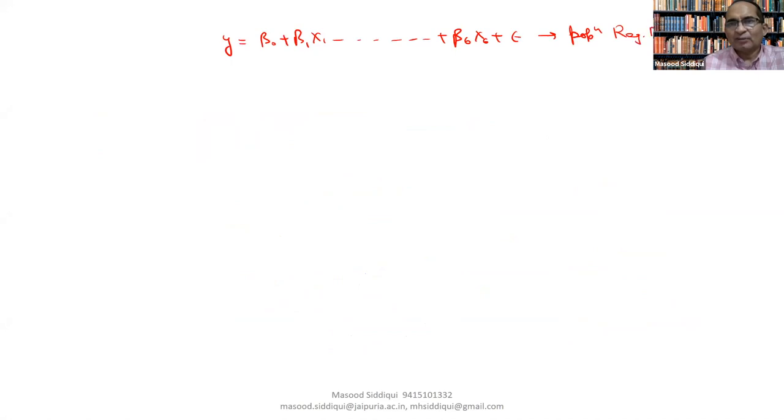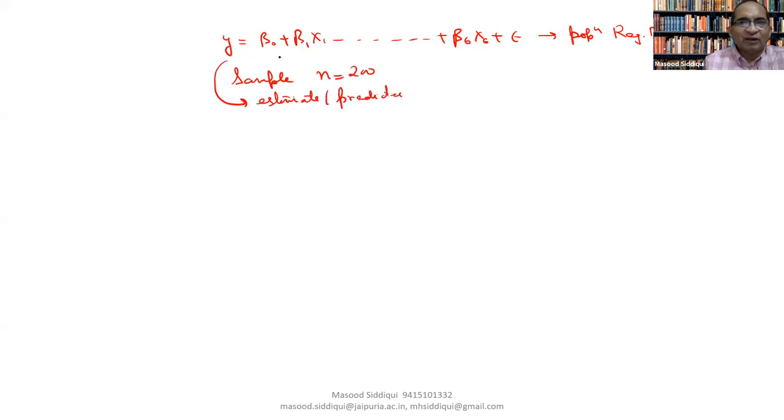So this is known as the population regression model. Since we are using a sample, here a sample of size 200, these values are estimated or these values are predicted.